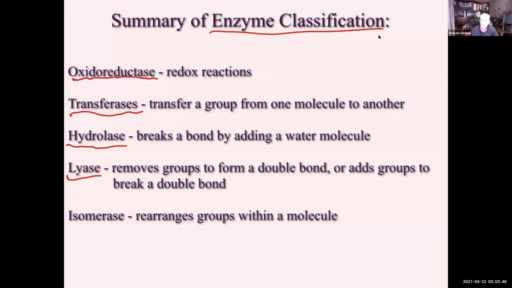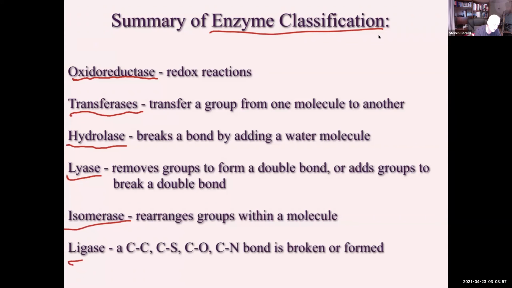They take one part of it and put it into another part of the same molecule. And ligases take a single bond, carbon-carbon, carbon-sulfur, carbon-oxygen, carbon-nitrogen, and they either break that bond or form a new one. Those are ligases.